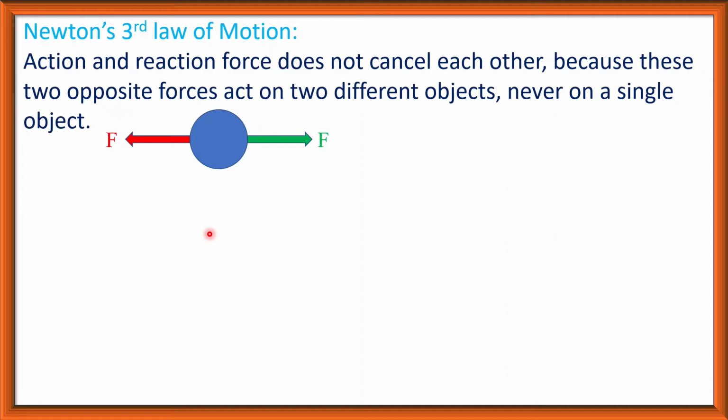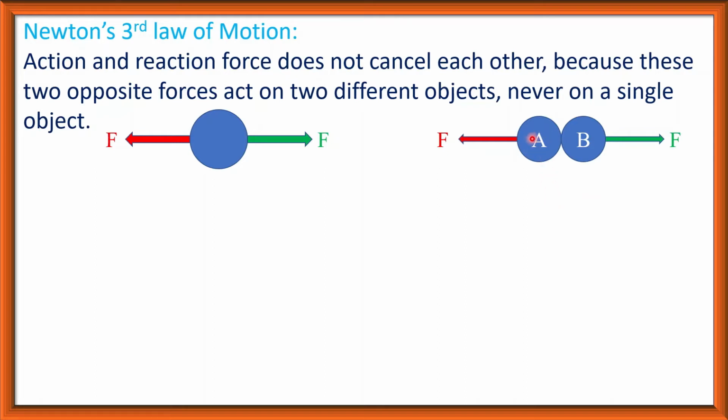They can cancel each other because they are acting on the same body and in opposite direction, and their magnitude is the same. But action and reaction force act on different objects.